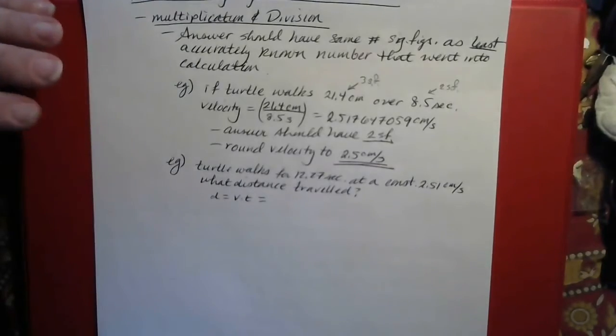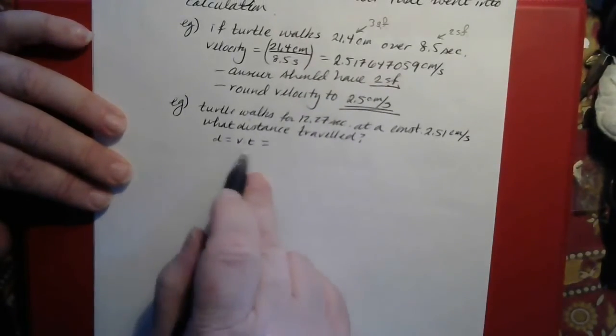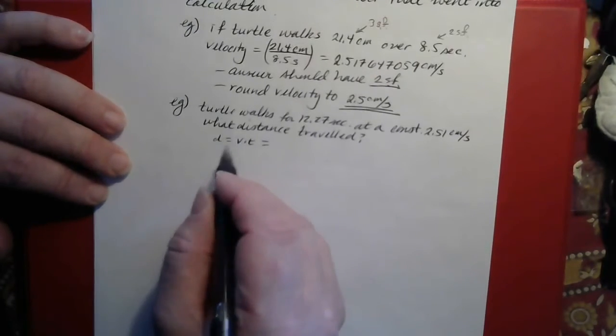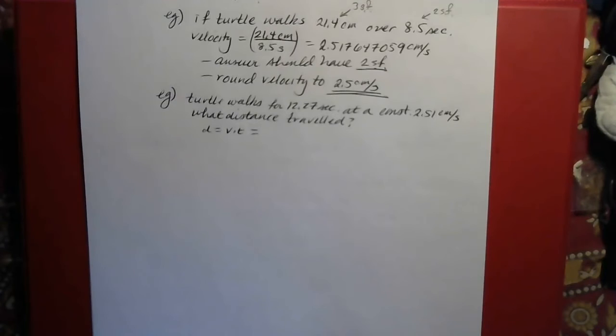Well, distance is velocity times time. And actually, even if you don't know this, one advantage to keeping an eye on the units is that you can often do a calculation and come up with the correct answer, even if you have no idea what the question is talking about, if you look at the units for the data given and make sure that they come out to the correct units that you want.